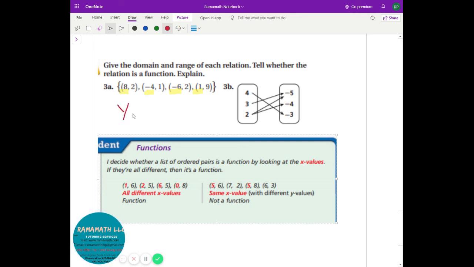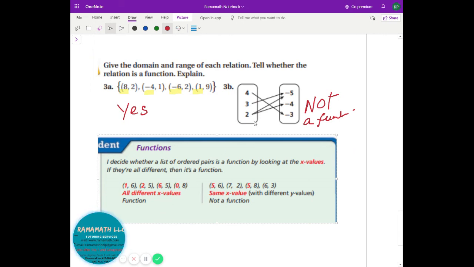So yes, it is a function. But the second one, if you look at it, 4, -3, 3, -5, 2, -5, 2, -4. You see that 2 is repeating? So it's not a function.